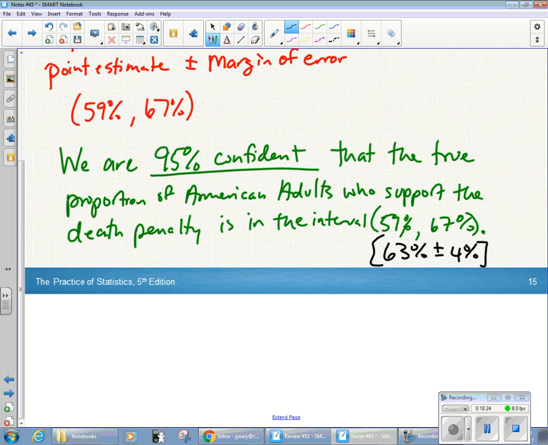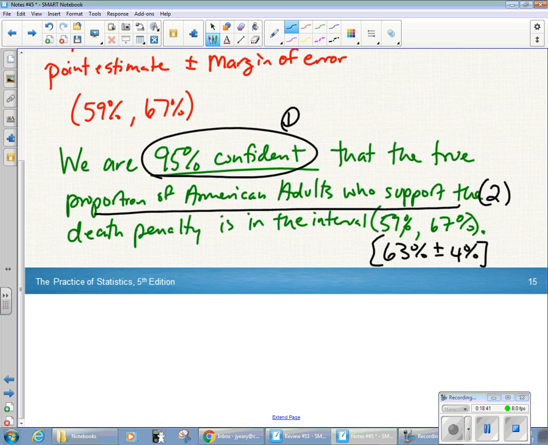You didn't have to build it out like I did here. I think you're all more than capable of adding 4 and then subtracting 4. So either method is acceptable. The things that aren't negotiable are your confidence level, one, your context, two, and then, in some way, shape, or form, including your confidence interval. These three things are not negotiable.